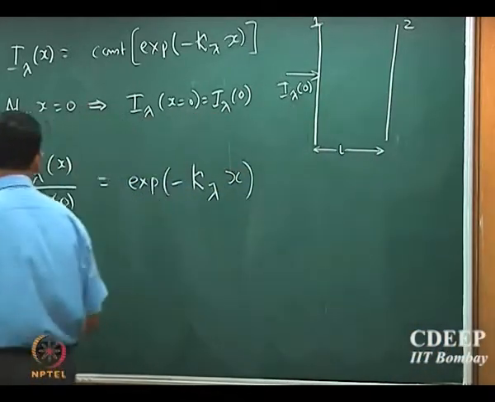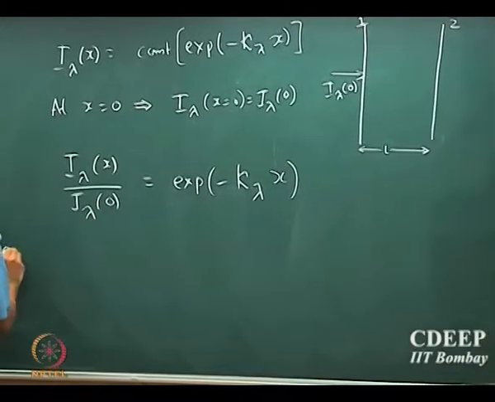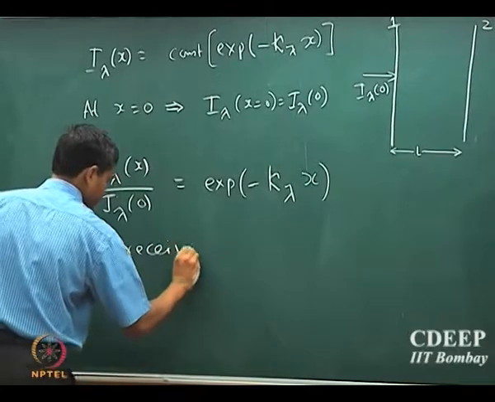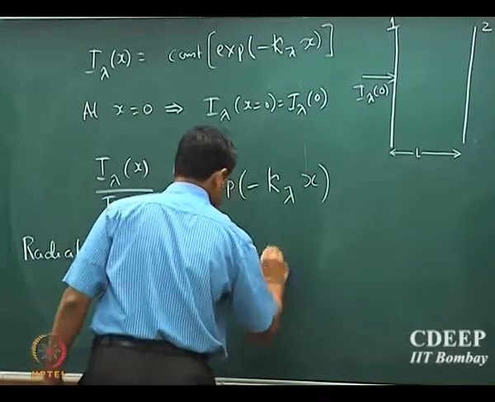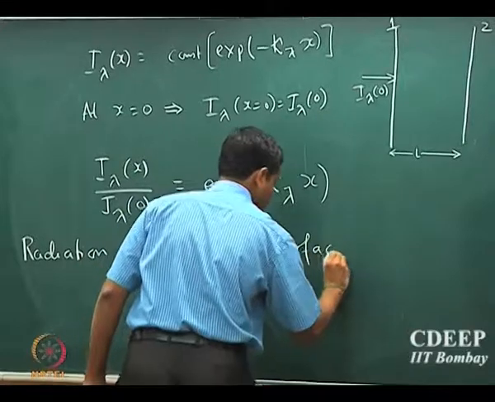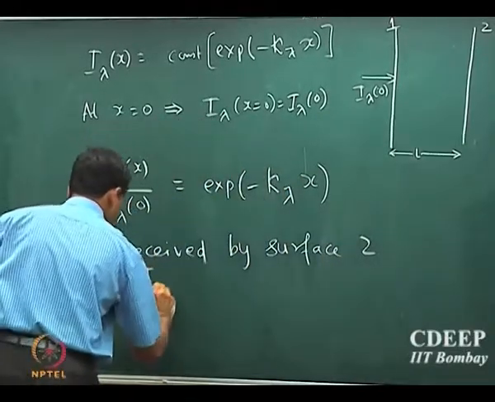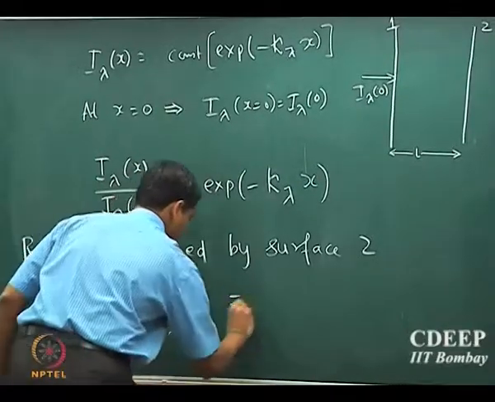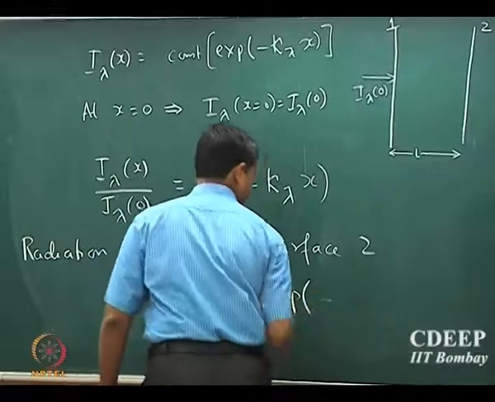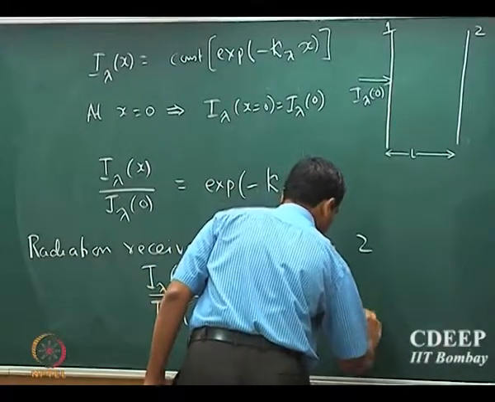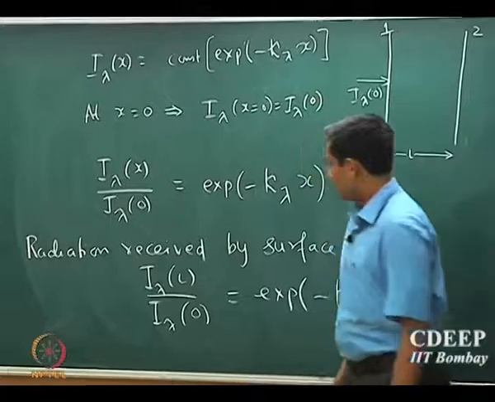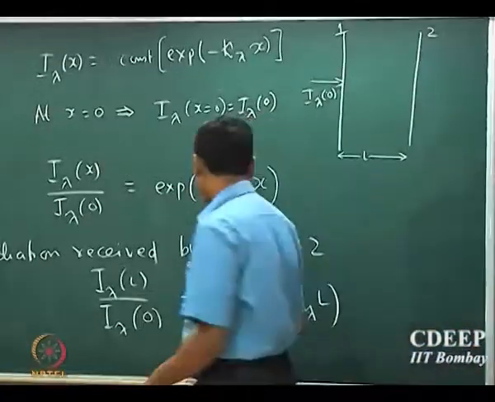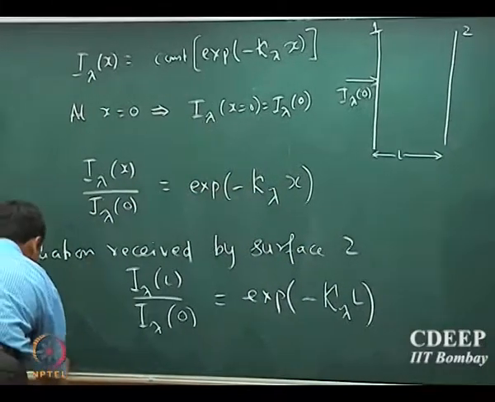So I substitute this: the radiation received by surface 2 is I lambda L by I lambda naught equal to exponential of minus kappa lambda L. Does this expression look familiar? Beer-Lambert law, right. This is what is called Beer-Lambert's law.